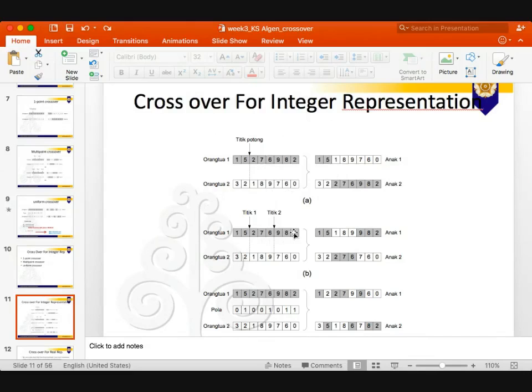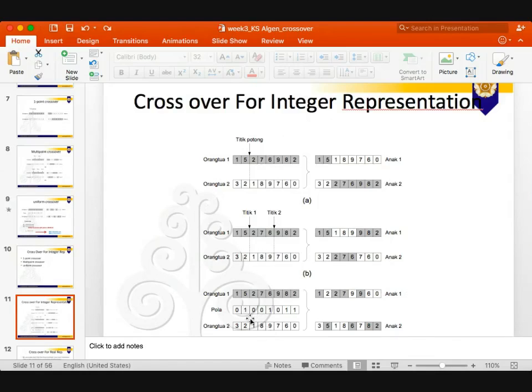Also in the multi-point crossover here, for example, we choose 2 crossover points. So you can see the genes of locus 3, 4, and 8 come from the second parent: 1, 8, 9, 1, 8, 9.